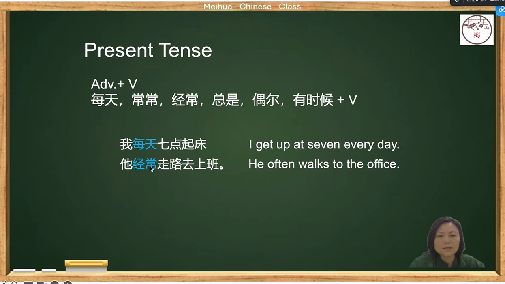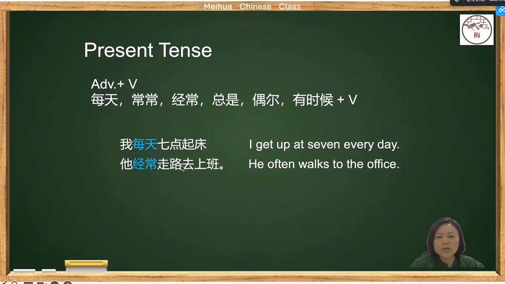Second, 他经常走路去上班. 经常 means quite often. 走路 is walk, 去上班 is to go to the office. He often walks to the office. Say in English for the present tense, if the subject is he or she or it, right? We should change the verb a little bit. We should add s or es at the end of the verb. But in Chinese, we don't change anything.